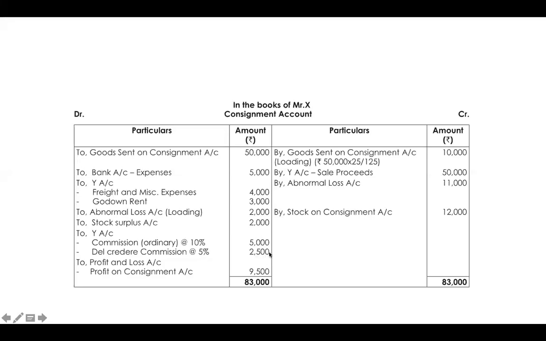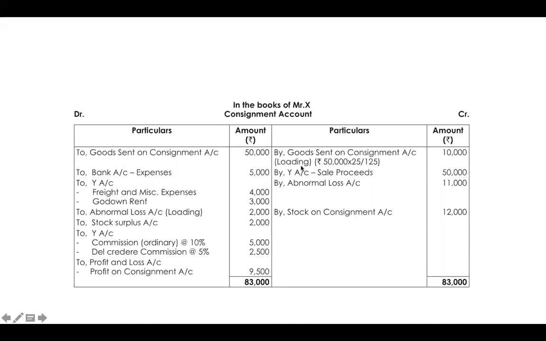Now except these two, you understood the remaining. We have been taking the goods sent on consignment, expenses of consignor, expenses of consignee, commission to consignee, and additional commission to consignee. We know all these things.